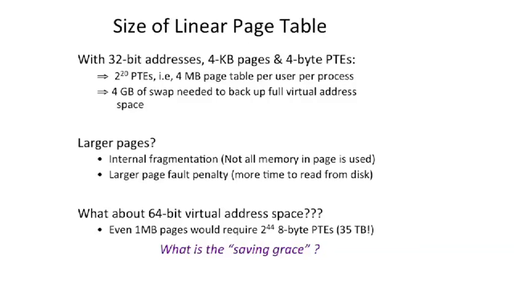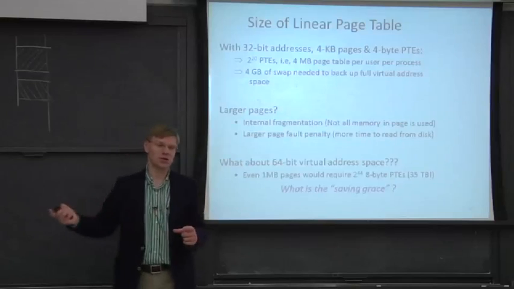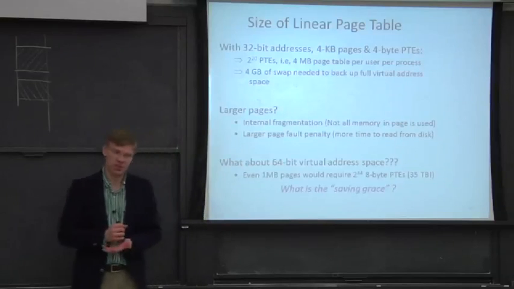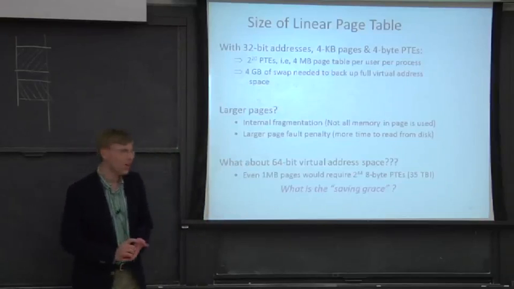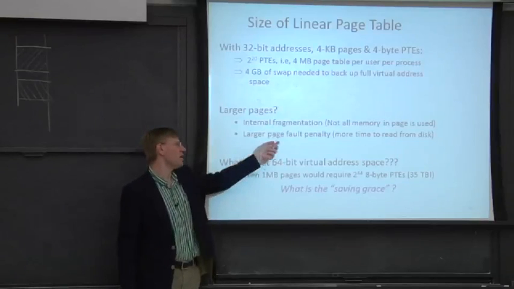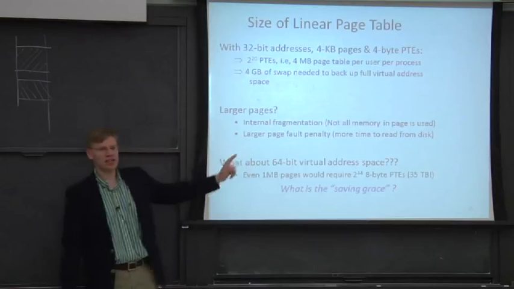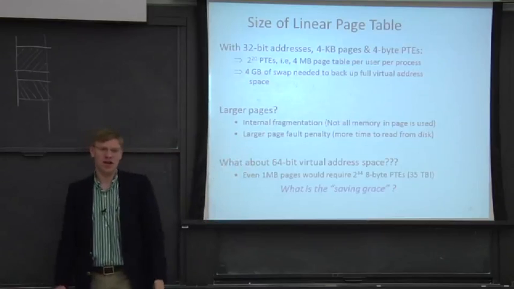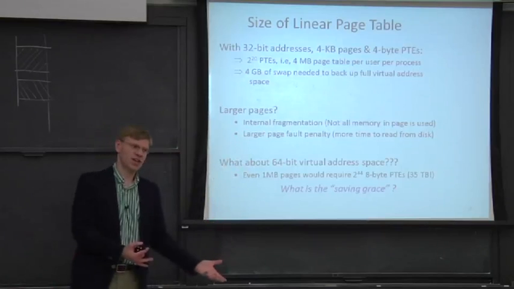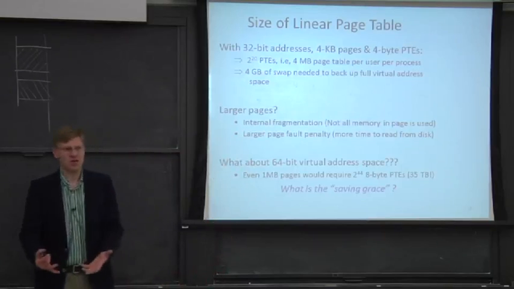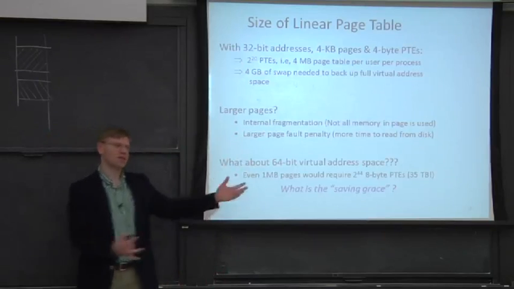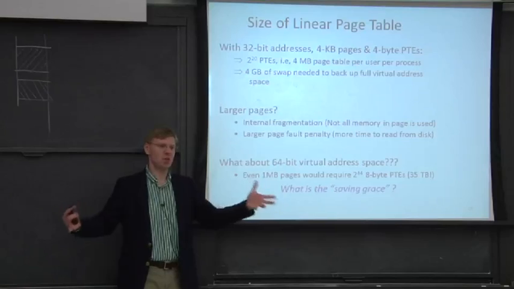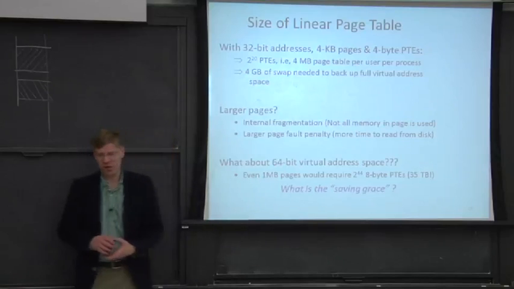If you use 1 byte on a new page and the whole rest of the page is empty, you'll be wasting a megabyte minus 1 versus 4 kilobytes minus 1. So you have a higher amount of internal fragmentation. Another challenge is that on a page fault, you're going to have to pull in a lot more data. Instead of pulling 4 kilobytes off of disk, you might have to pull a megabyte. It's just bigger numbers to deal with, and this could be painful.